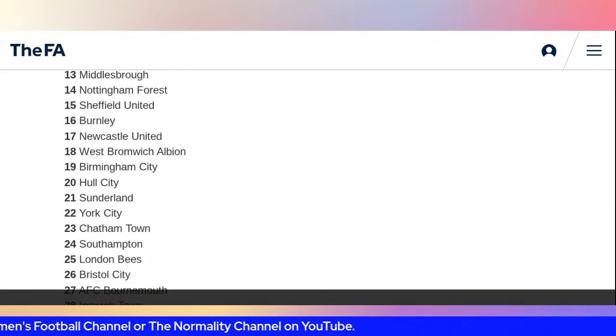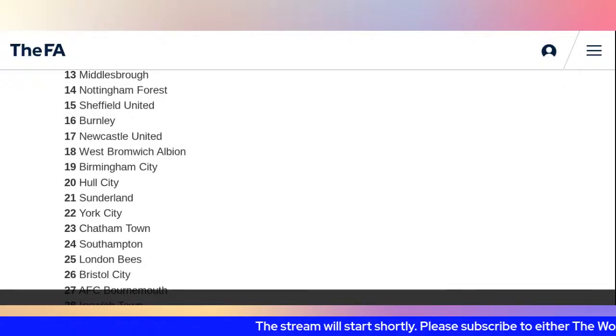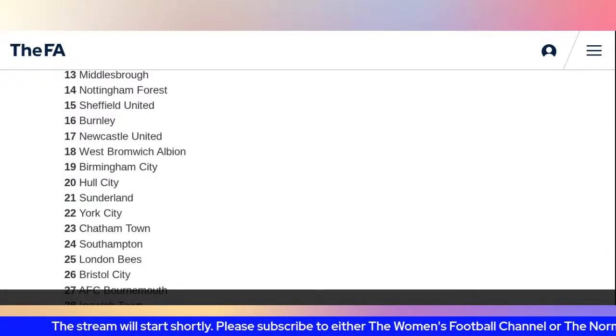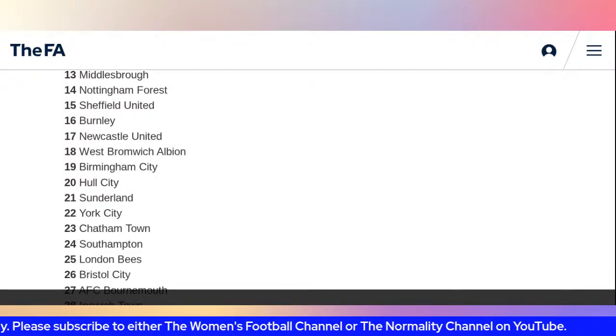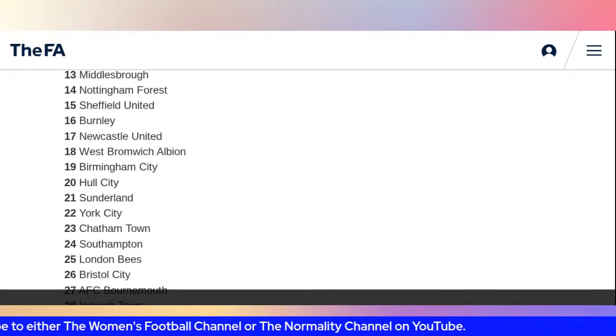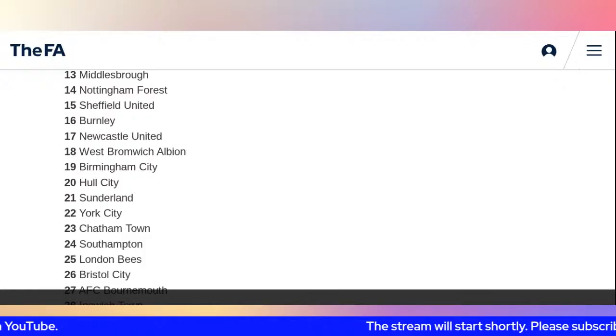And then to the other teams, number 13, Middlesbrough. Number 14 is Nottingham Forest. Number 15 is Sheffield United. Number 16, Burnley. Number 17, Newcastle United. Number 18, West Bromwich Albion. Number 19, Birmingham City. Number 20 is Hull City. Number 21 is Sunderland. Number 22 is York City. Number 23 is Cheltenham Town.